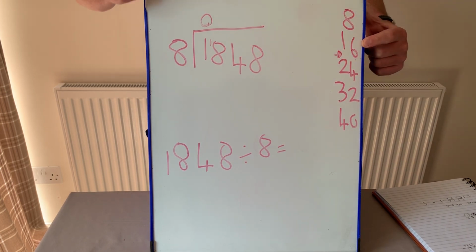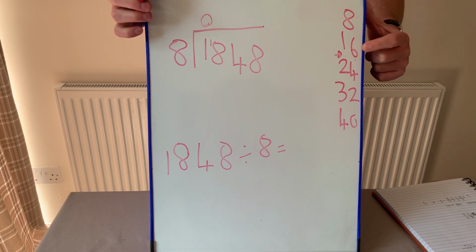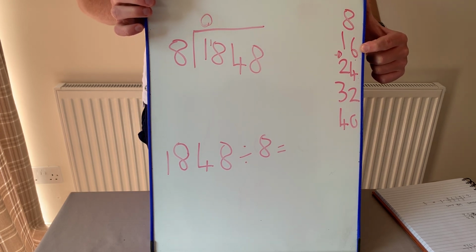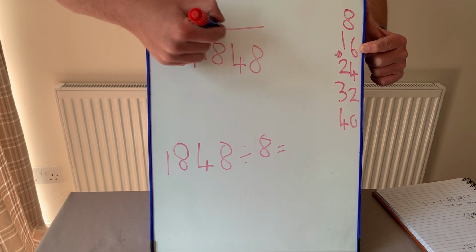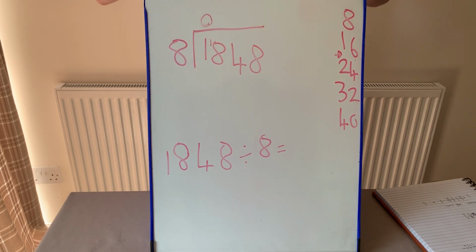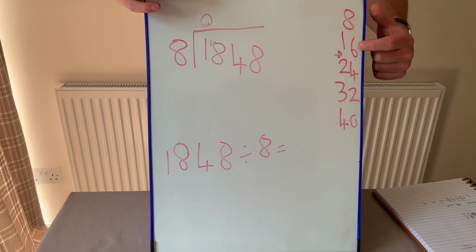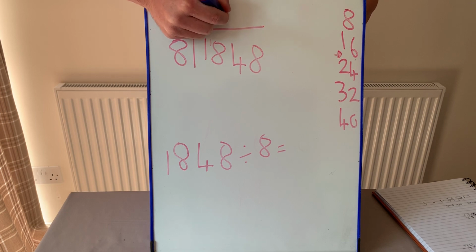So I know that 16 is in my 8 times table, but I've got 18. So I want you to imagine that I've got 18 sweets and I've given 16 away. And now how many will I have left? Because that will be my remainder. So I know that I can get 2 8s into 16.